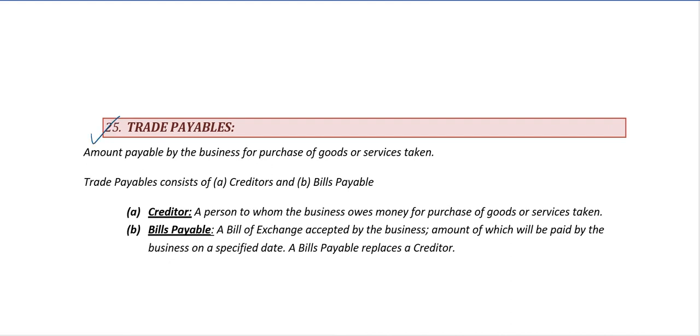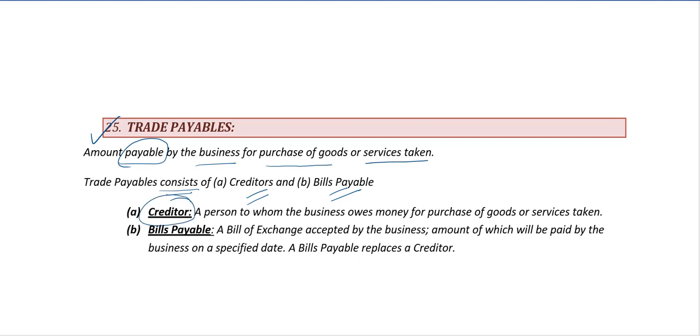Twenty-fifth term, trade payables. This is the amount which is payable by the business for the purchase of goods or for services taken. Trade payables consists of creditors and bills payable. Who is a creditor?